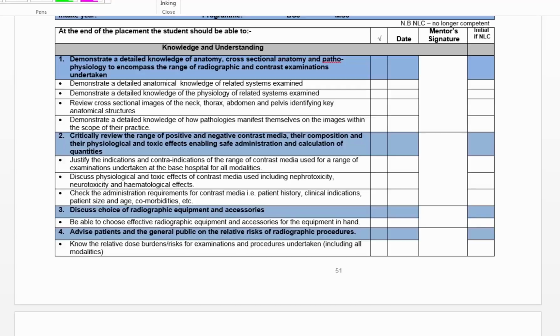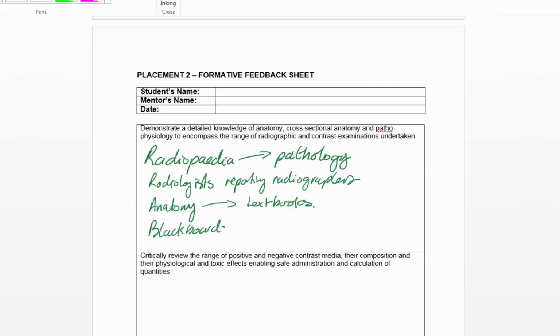So again, if we go back down towards the formative feedback sheet, we'll start off again in blue. Here we're going to be talking about the types of evidence that the student will be able to give you for those particular competencies. Once again, discussions are of course very good, but we also want our student to give us a variety of evidence.